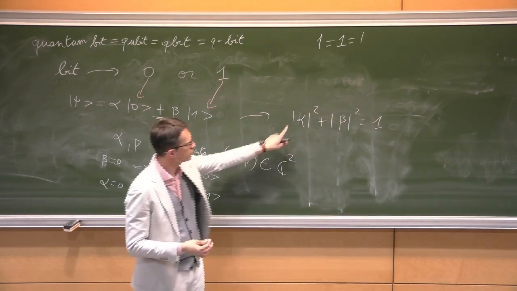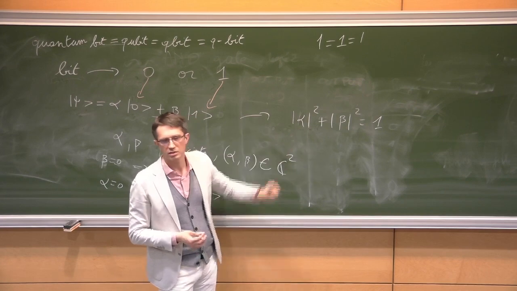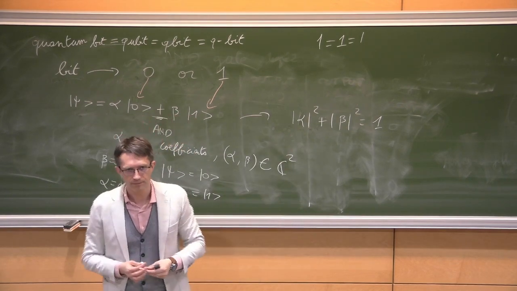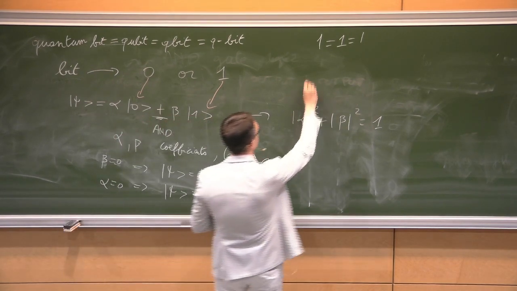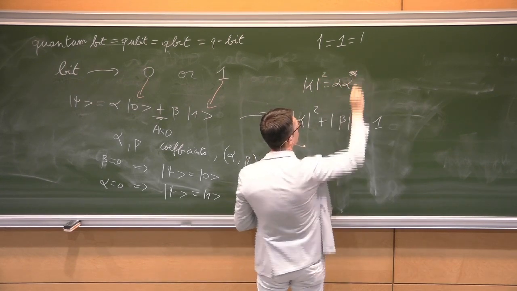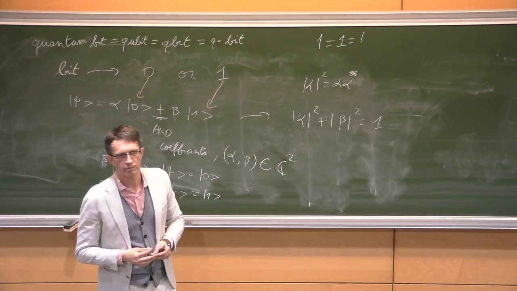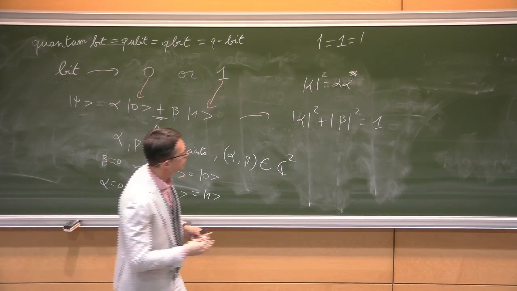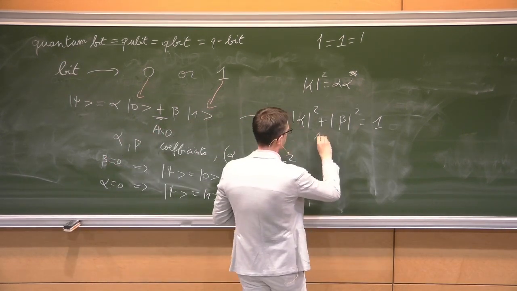Of course I put this notation because alpha and beta are complex numbers, so alpha squared is alpha star, the complex conjugate, times alpha. So there is normalization.